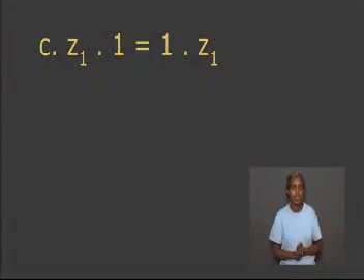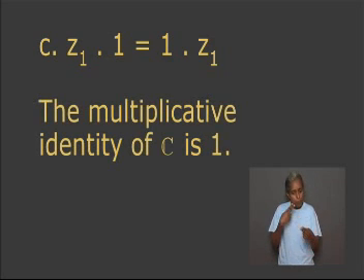In answering the third question, you found that both equations were equal to Z1. Therefore, the multiplicative identity of the set of complex numbers is 1. As you remember from the last lesson, when you use an operation to combine an identity with another number, that number stays the same. We will explore these ideas a bit further.